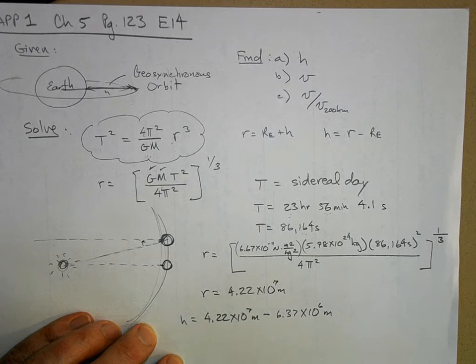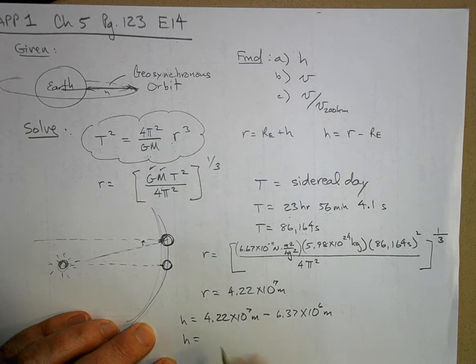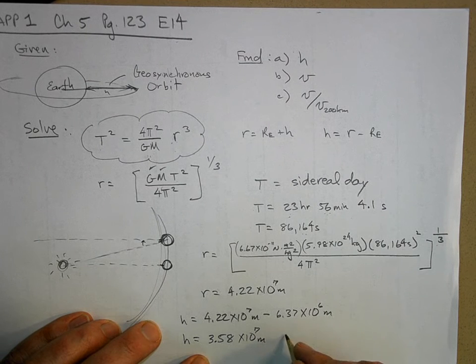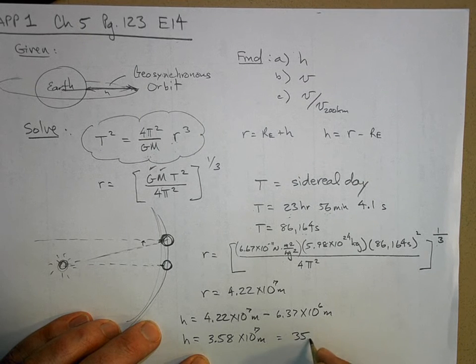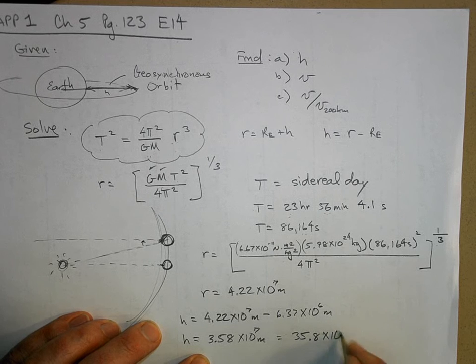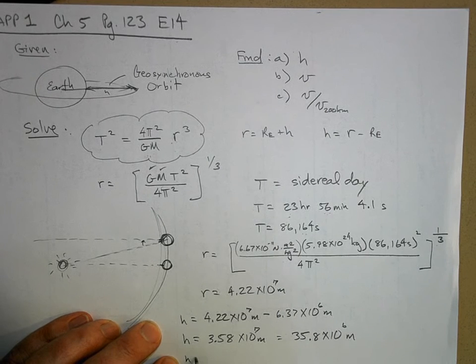And when you do that, and I've already done the calculations, you get 3.58 times 10 to the 7 meters. Now that's equal to 35.8 times 10 to the 6 meters. That's 35,800 kilometers.